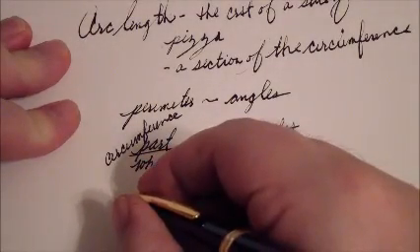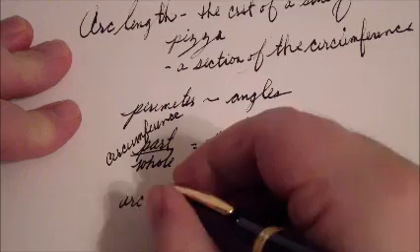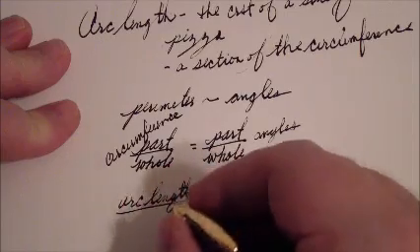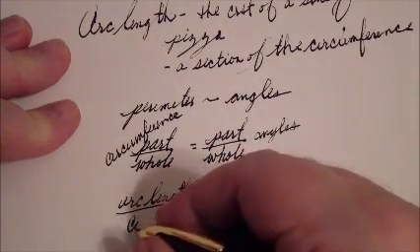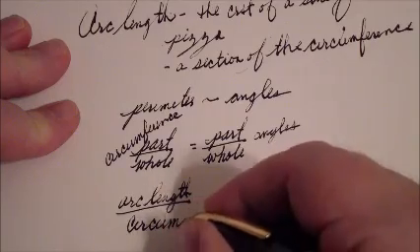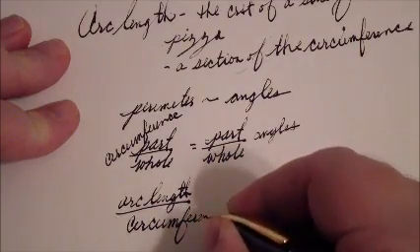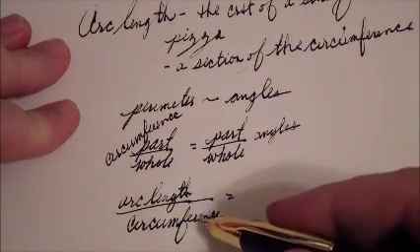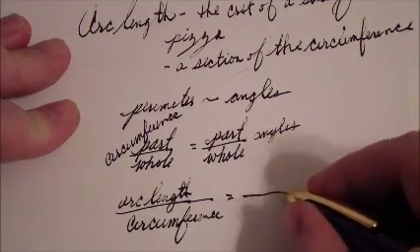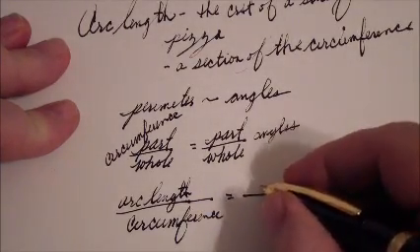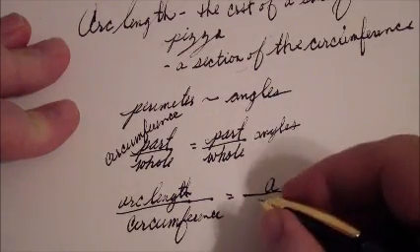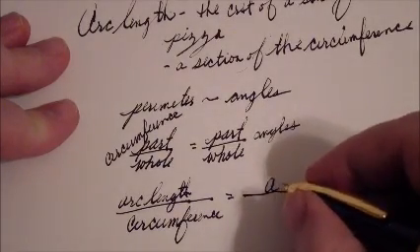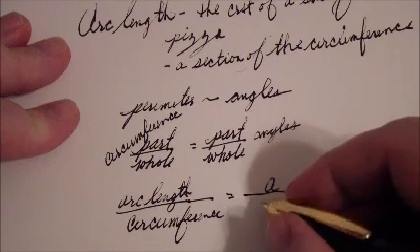We're looking at arc length divided by circumference, and that's going to equal the angle that we're interested in, or A, over the total degrees of a circle.